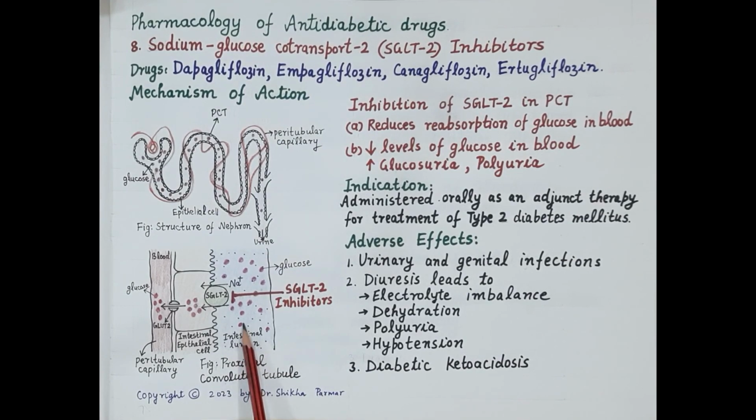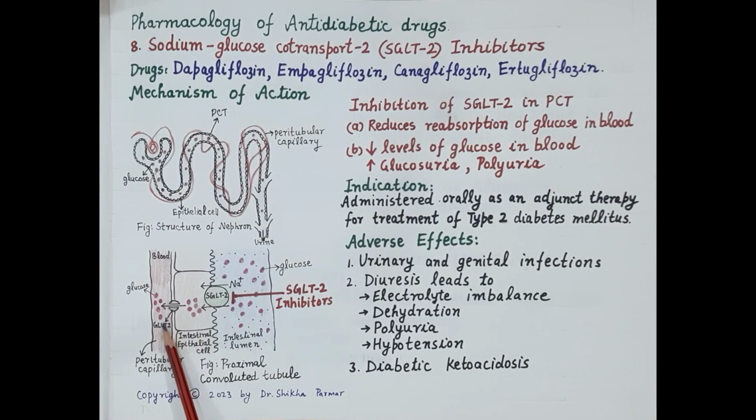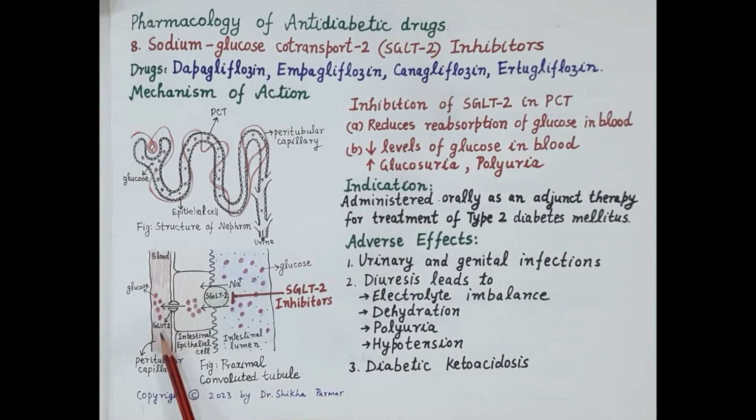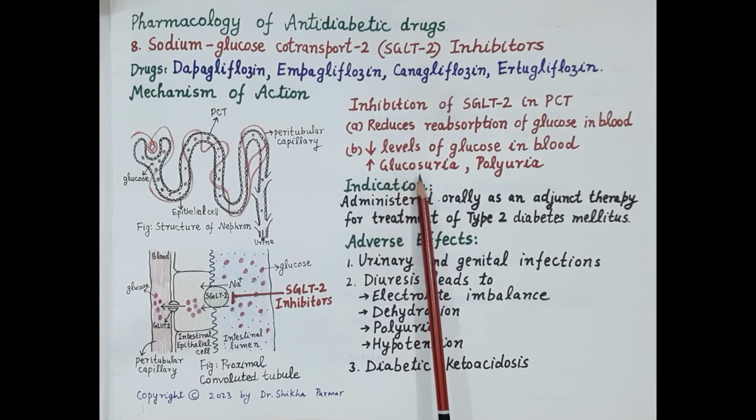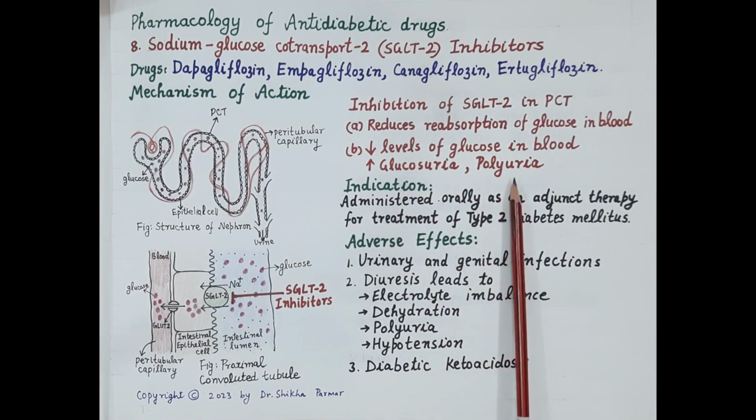So, reduced reabsorption of glucose reduces levels of glucose in the blood, and this also increases the excretion of glucose in the urine, which is termed glucosuria. Now, because of the increased urination, the frequency of urination increases, which is termed polyuria.